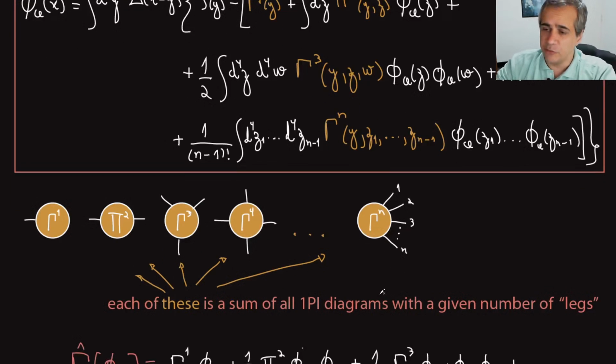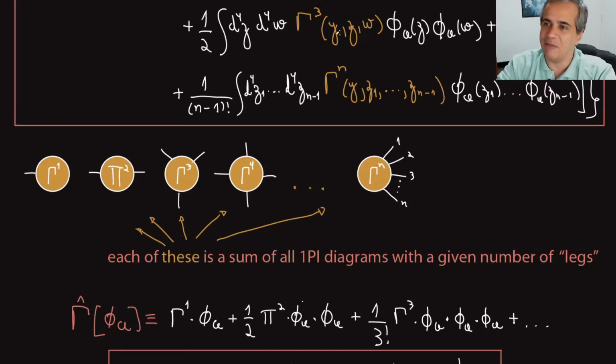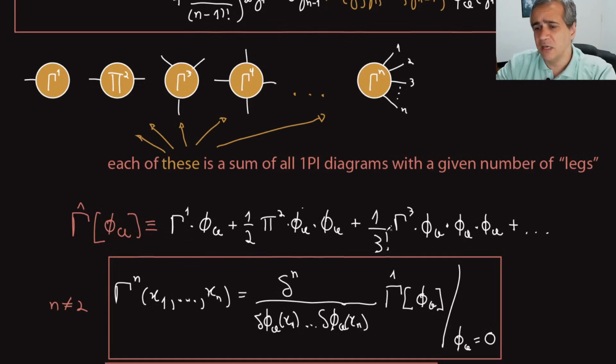And then I have shown that once I have a proper definition of these functions, it's easy to write this object, this gamma hat here, which is the generating functional for these 1PI sums. I just have to write these as a polynomial in these classical fields.